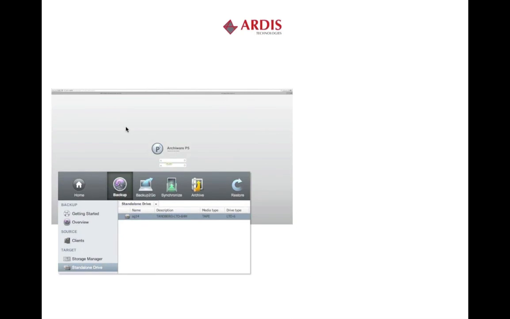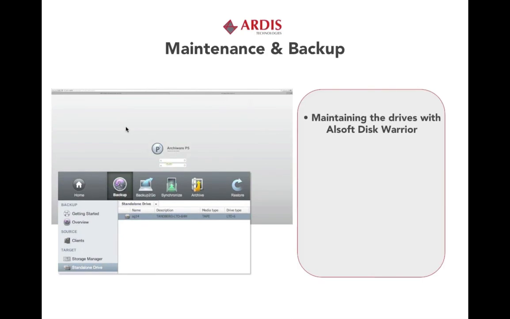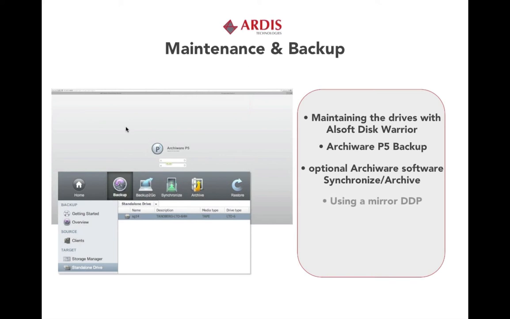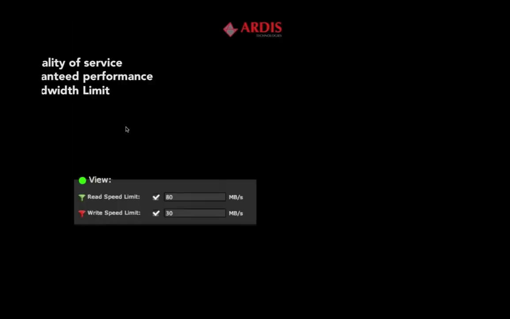The software is inside, so you don't have to install it, you just have to enter the serial number. Every mirror DDP comes also with this application and the synchronize application as a part of it.